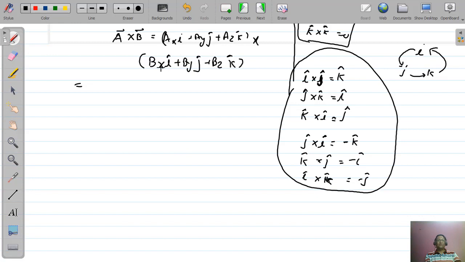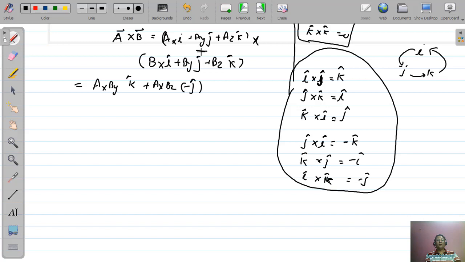So i cross i will be 0. So we will get ax by i cross j. Order is important. If first is i, then we have to write first i. i cross j is k. Similarly, plus ax bz i cross k. i cross k is minus j.